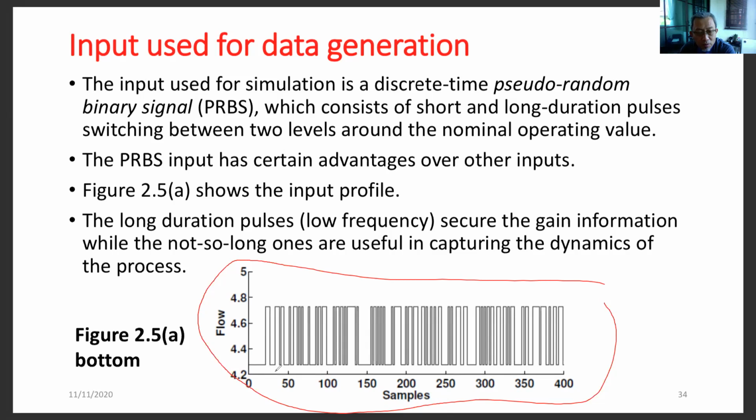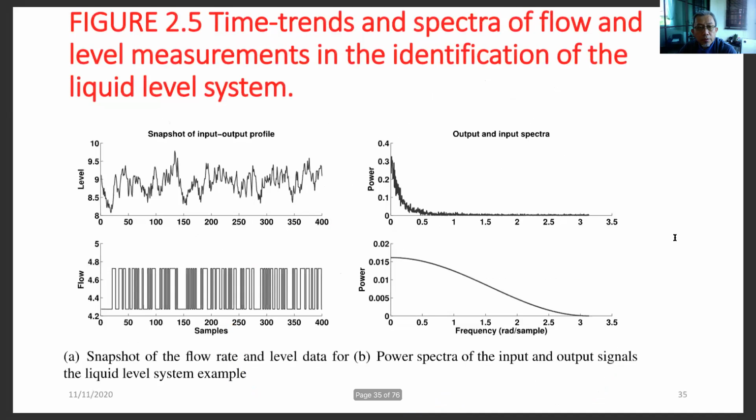This is a sample of PRBS signals, which is flow versus samples. We inject the signals to the input of the system. The long duration pulses at low frequency secure the gain information, while the not so long ones are useful in capturing the dynamics of the process. After we inject the input, we obtain the output, which is the level.